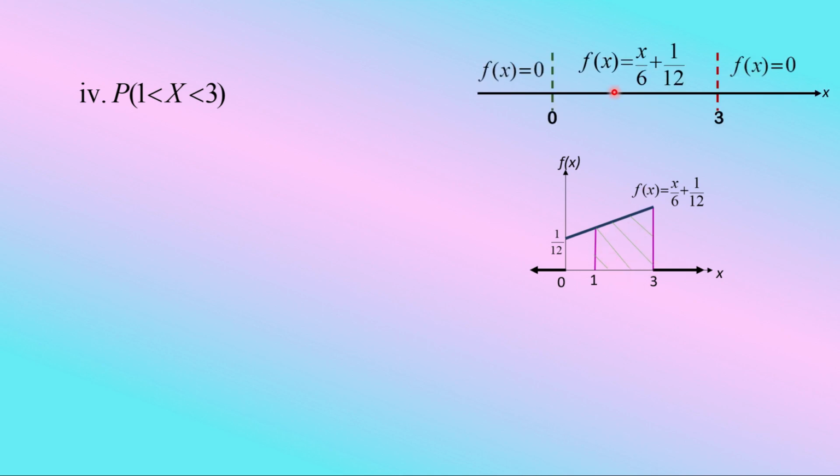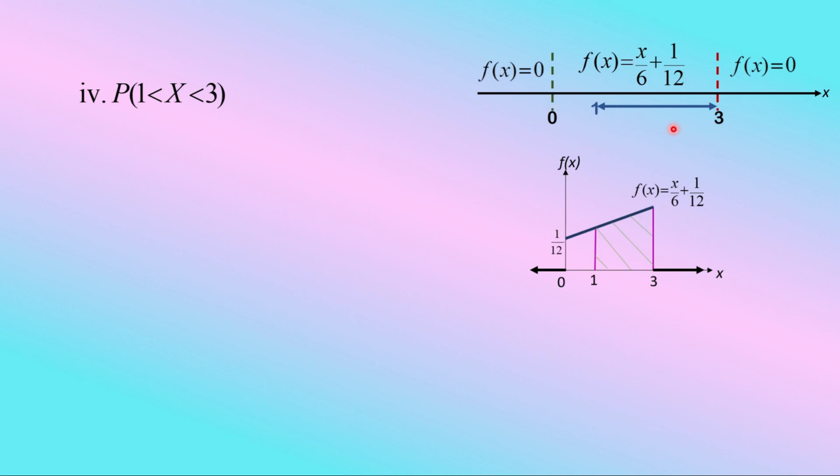Find the probability x between 1 and 3. The graph shows the area under the curve or probability x between 1 and 3. So from the real number line, we can see that the blue arrow is in the interval 0 to 3 only.